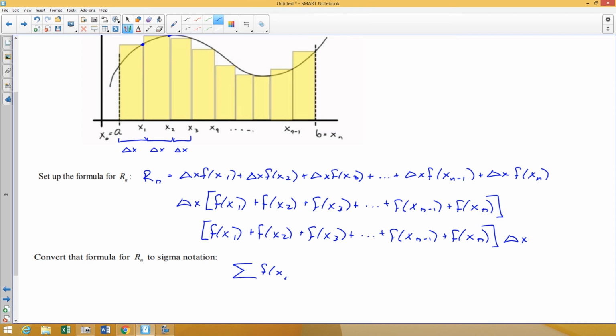So I'm going to do f of x sub i, and we are adding up all of those as that subscript starts at 1 and goes all the way up to n. And then that delta x, I'm going to stick over here on the end. So it's f of x sub i times delta x, and the sum of that as we go from 1 to n. And that's going to be the base setup for how we're going to tweak this to get exact area.